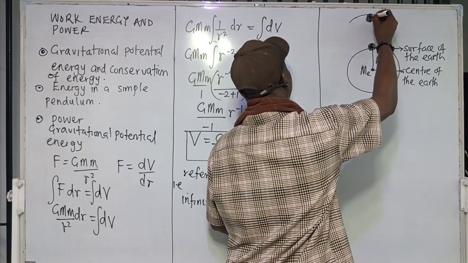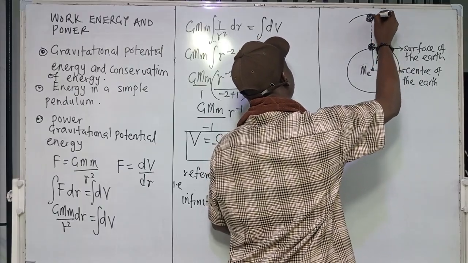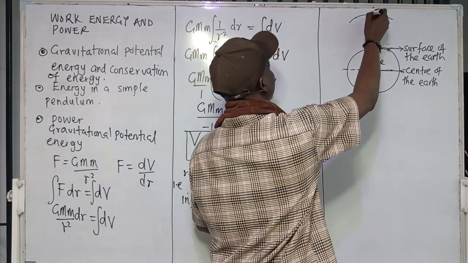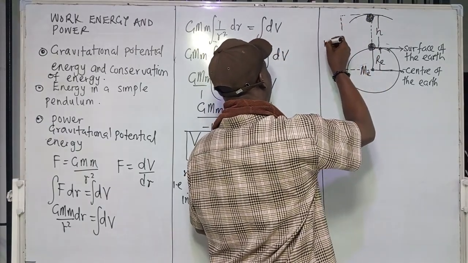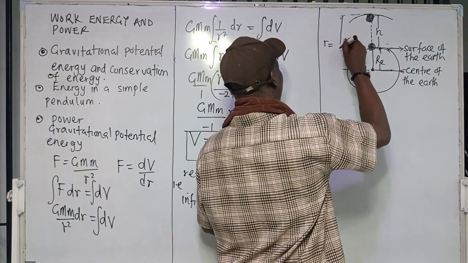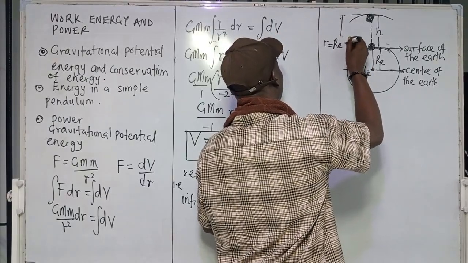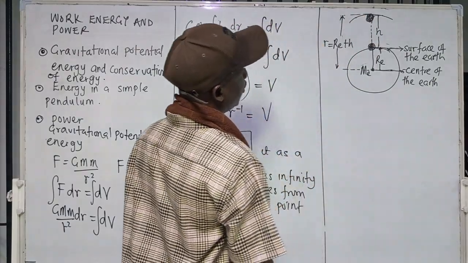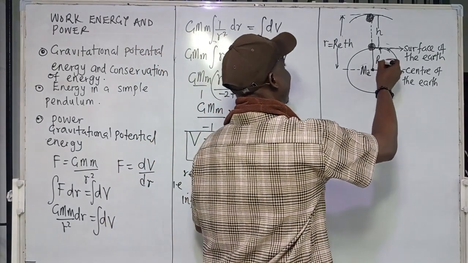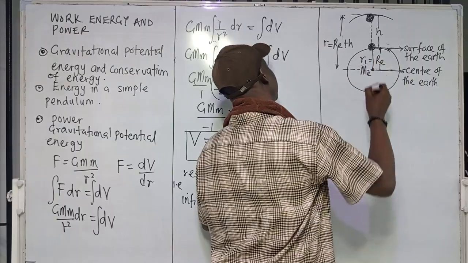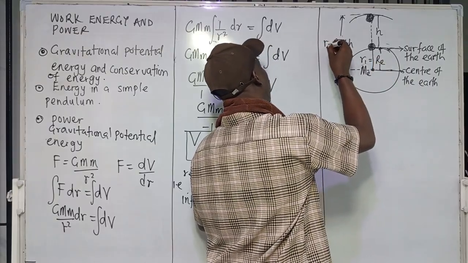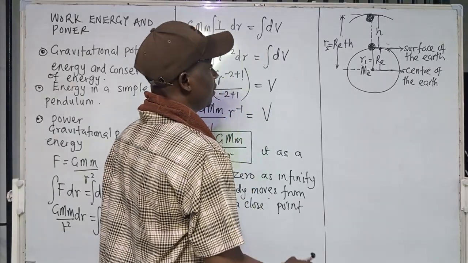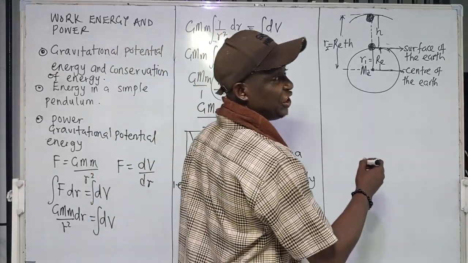You now take the satellite to this position. From here to here is what we call H. From the center to this place is R, which is RE plus H. So this is R1, the initial position, while this one is R2. Take note of that. Now, there is a potential change from what?